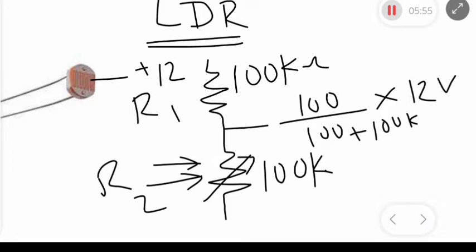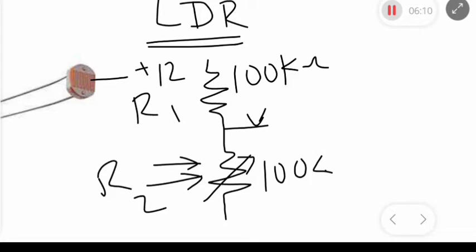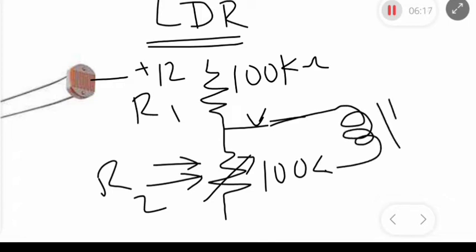That will give you the voltage across this terminal, and it's equal to 6 volts. So with this arrangement, the relay will be on. This will be the state of the relay. If this arrangement is connected to this 5 volts relay, the relay will be on.